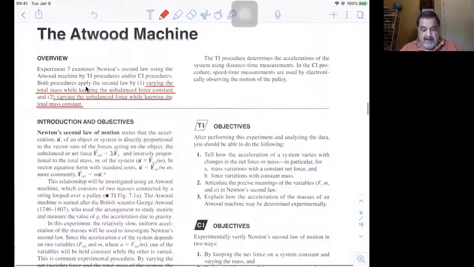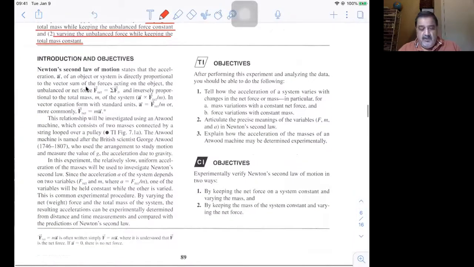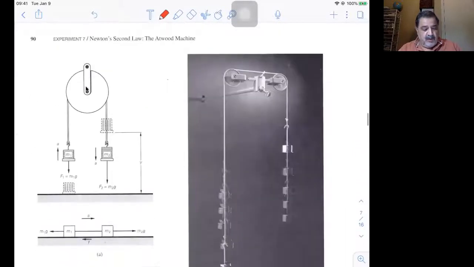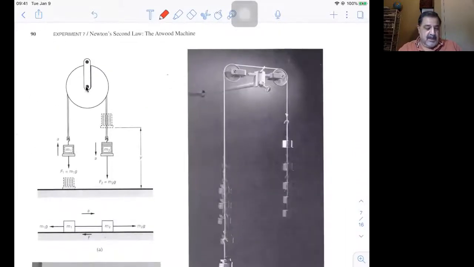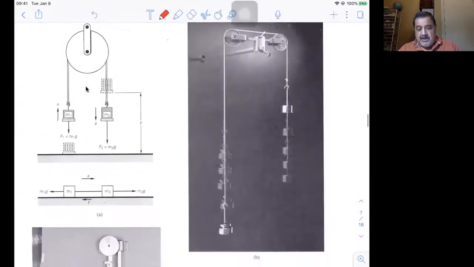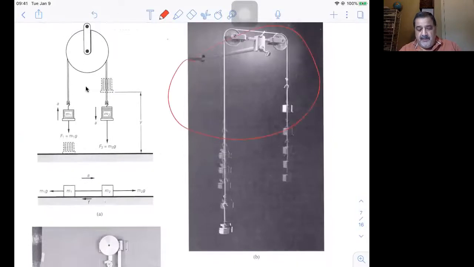Now let's go back. Read the introduction and the objectives. This is what an Atwood machine looks like. This is kind of the one that we use in the lab. It's not mounted to a wall. This is kind of the one that they use in the virtual lab, so it's going to look something like that.